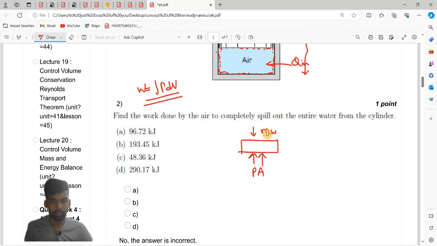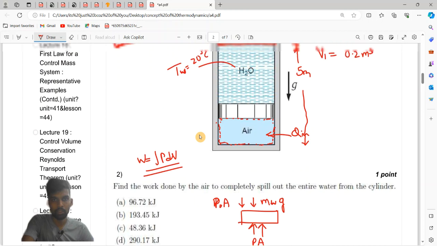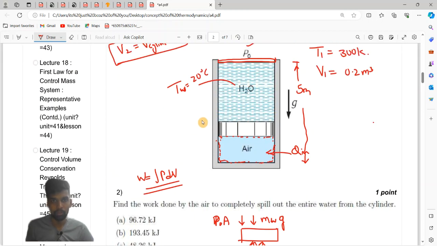So as the air is expanding, the mass of the water is varying. So m_w times g is the downward force acting on the piston, and since the piston is massless, one more thing, there will be atmospheric pressure that we need to account for, which is P naught times A. Because from the hydrostatic law, at any given height in the downward direction, pressure is nothing but P naught plus rho g h. So when we calculate force, the upward pressure is something like this.